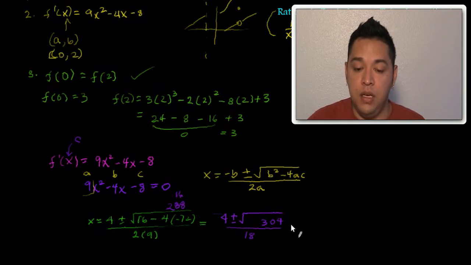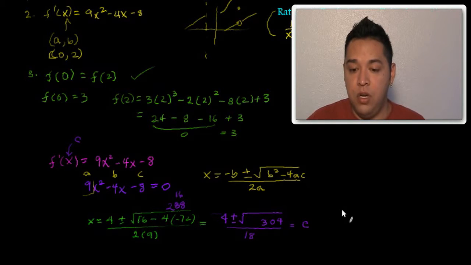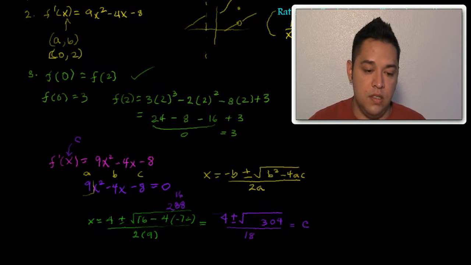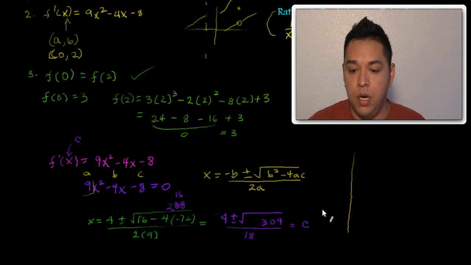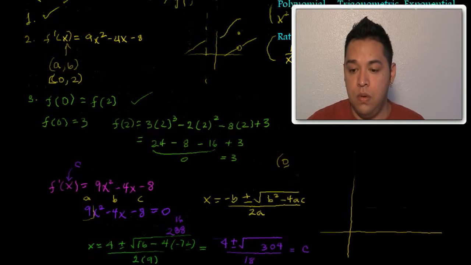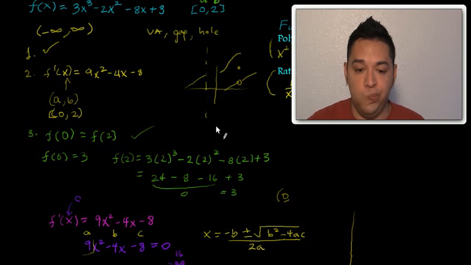And essentially, this is going to be my c value. So if I plug in this c value, what this is saying is that if I were to graph my equation over here, so that's my original equation, which would start at 0, and we said that if I plug in a 0 for my x, I would get a 3 for my y value.